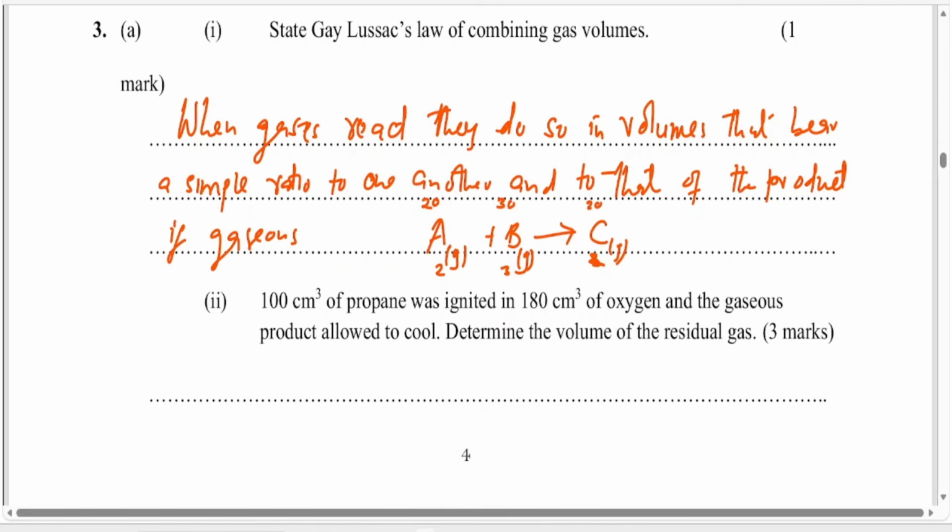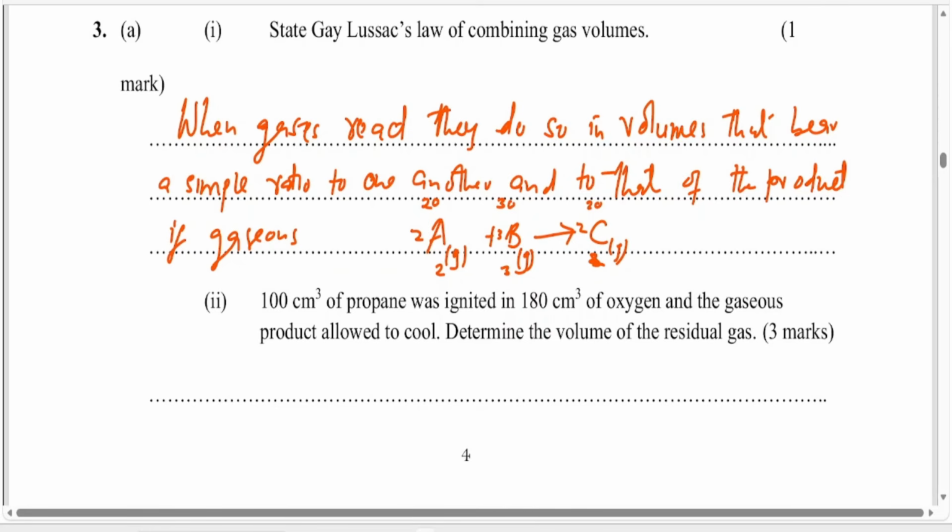So I can easily use this to balance the equation because these are 2 moles, 3 moles, 2 moles. So if the product is a gas again, I can just use their mole ratios using the volumes and balance the equation that leads to the formation of the product.